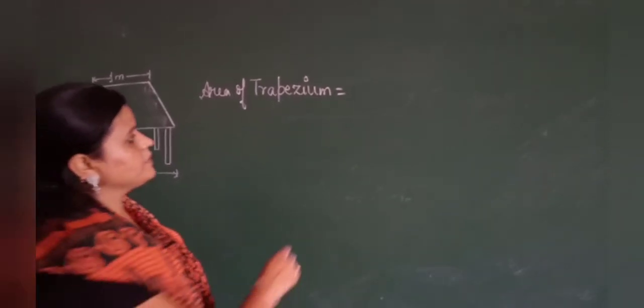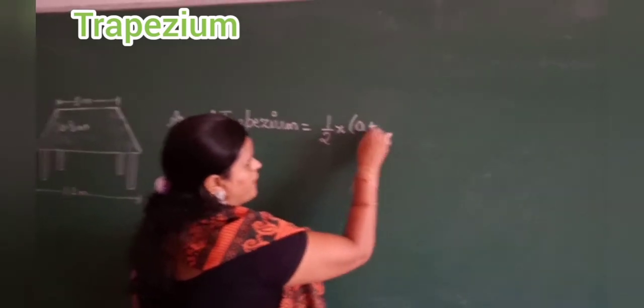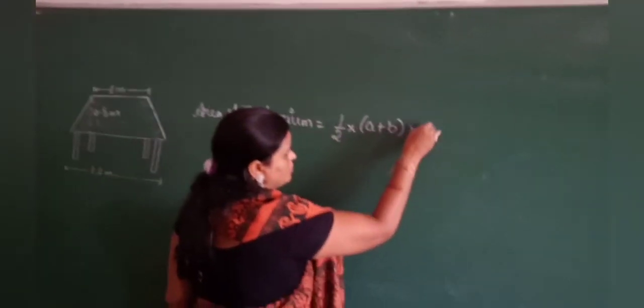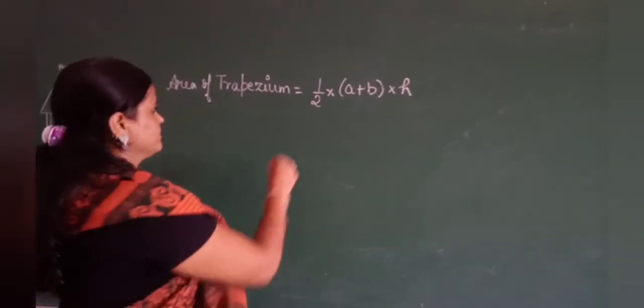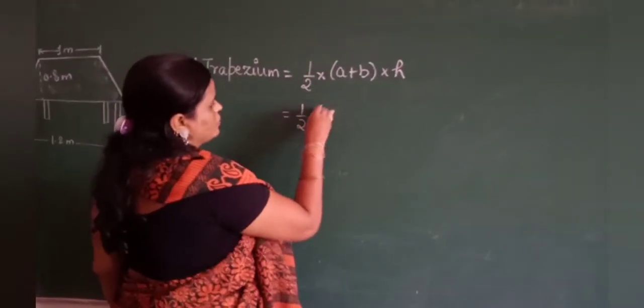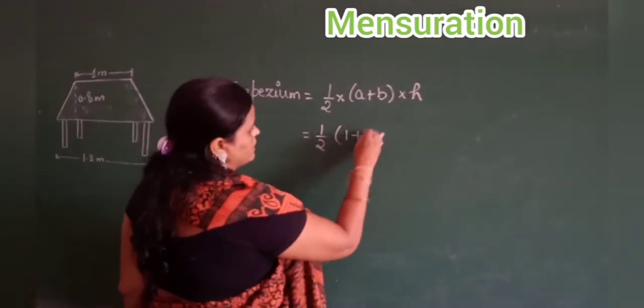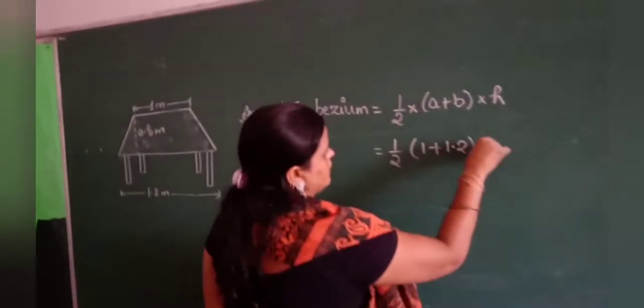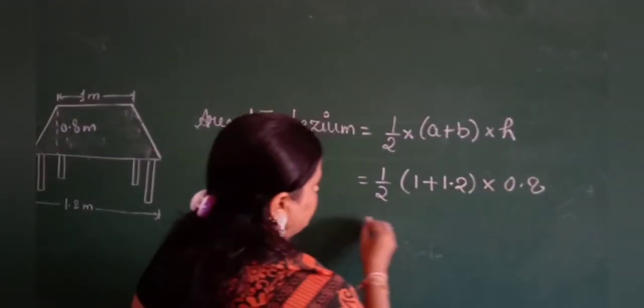So the area of a trapezium is half into the sum of the two parallel sides into the height, or the distance between those two parallel sides. According to the question, this is 1 meter and this is 1.2 meter. So it is 1 plus 1.2 meter into the height, which is 0.8.